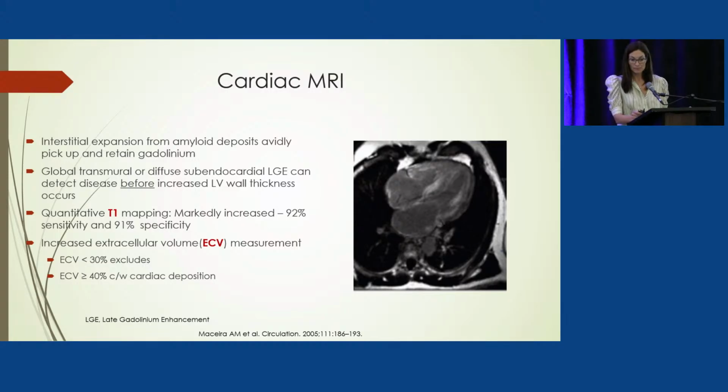Native T1 mapping can help identify amyloid deposition, and it is typically markedly increased in this patient population. And extracellular volume, or ECV measurement, can help to identify those at risk for amyloid deposition, and an ECV of greater than or equal to 40% is very characteristic of cardiac amyloid deposition.